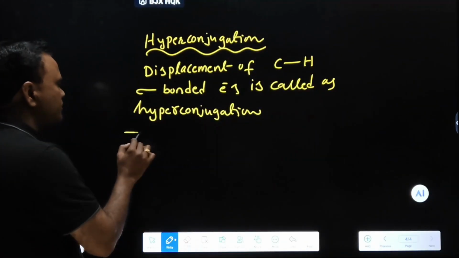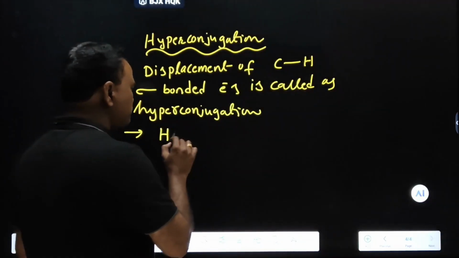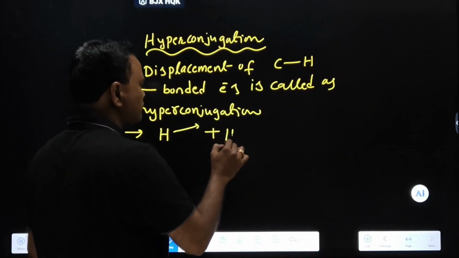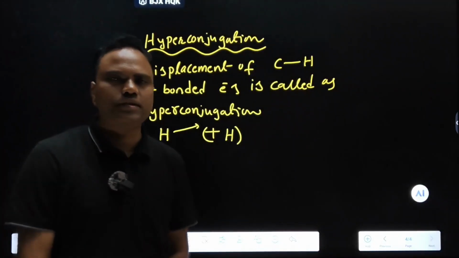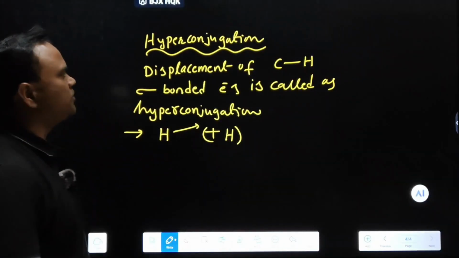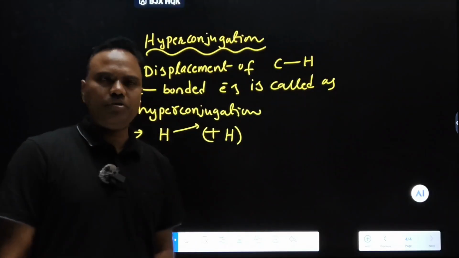Generally it is represented with H, plus H, positive hyperconjugation. Okay, clear? Let us understand the definition. Displacement of carbon hydrogen sigma bonded electrons is called as hyperconjugation.